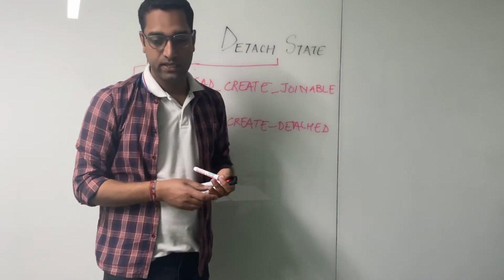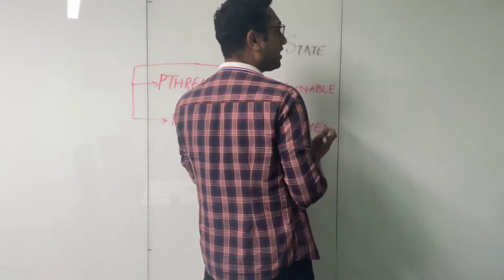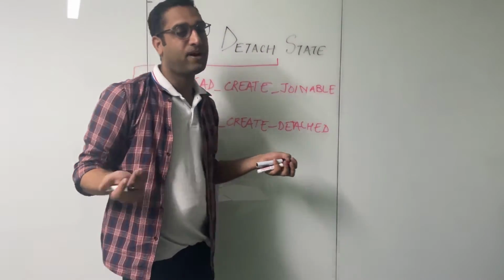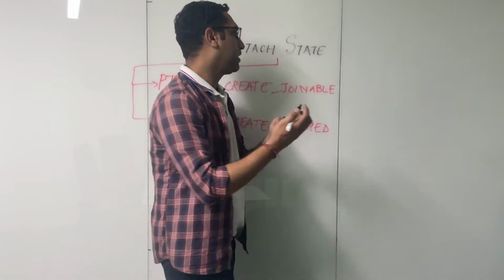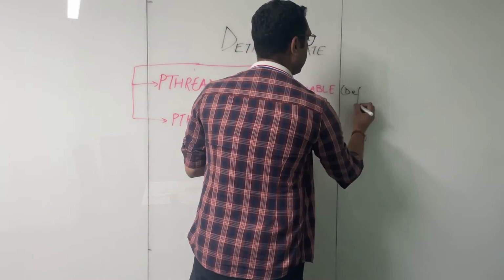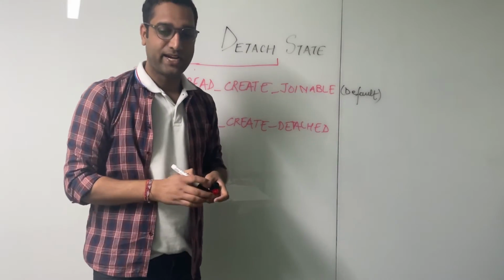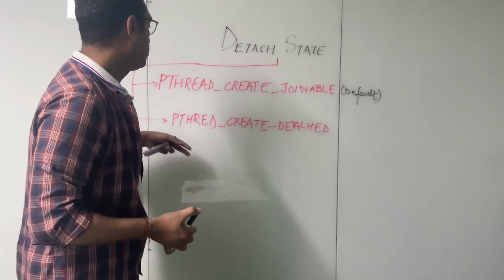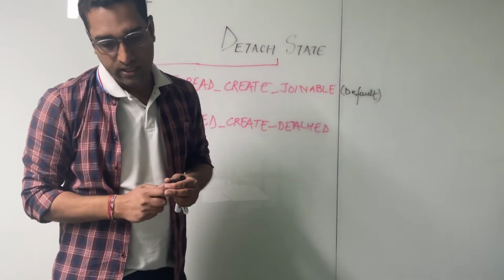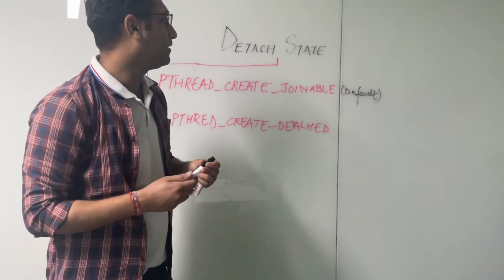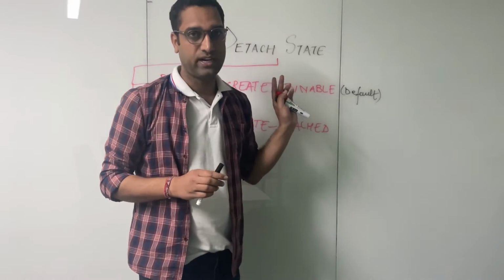It could be either one of these. This is the default one. If you have created a default object, or if you are passing NULL instead of an attribute object through pthread_create, then this will be the detached state of your newly created thread. And otherwise you can specify PTHREAD_CREATE_DETACHED, and in that case the newly created thread will be detached. This one is non-detached.